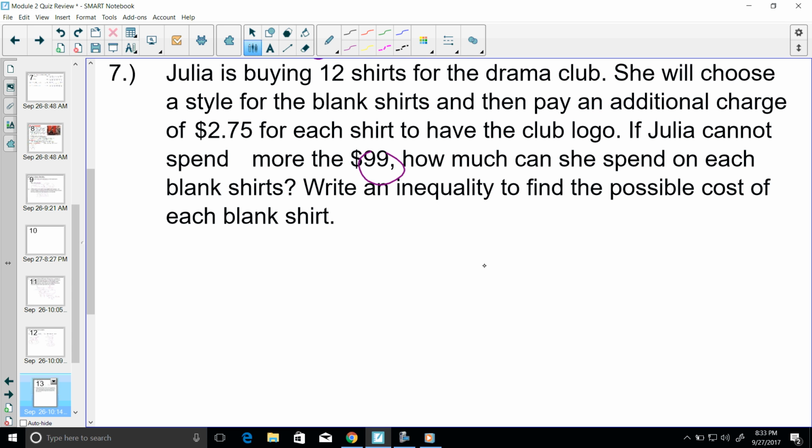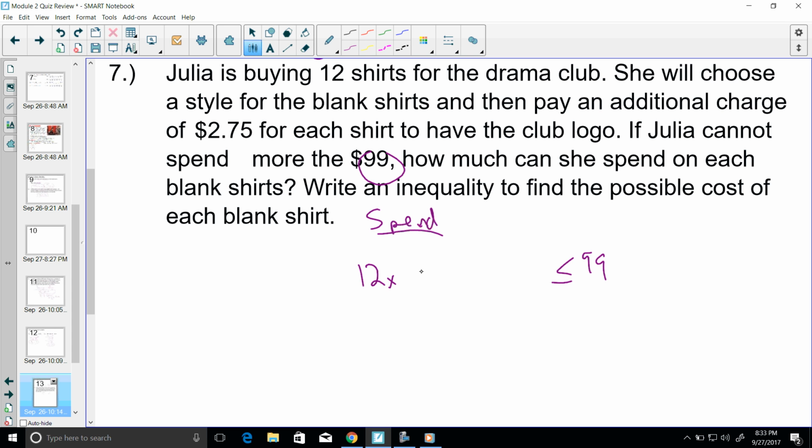So remember, anytime you buy something, it's an inequality. So whatever I do for spending has to be less than or equal to 99, I've got 99 bucks to spend. Well, what am I doing to spend? I'm going to be purchasing 12 shirts, but I don't know what that cost is. So I'm going to say it's 12 times some cost, okay?